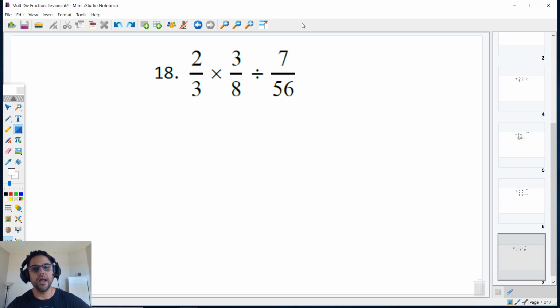I don't get overwhelmed. I'm going to use the keep, change, reciprocal on my division portion here, and then I'm going to be able to look at everything for my cross-canceling. By all means, whatever you think is best for you, let's go ahead and try that.